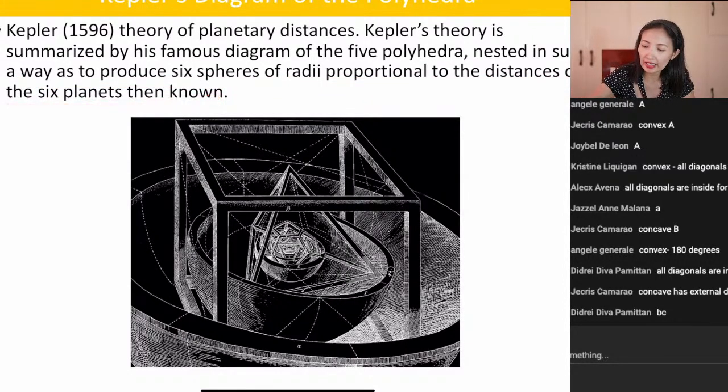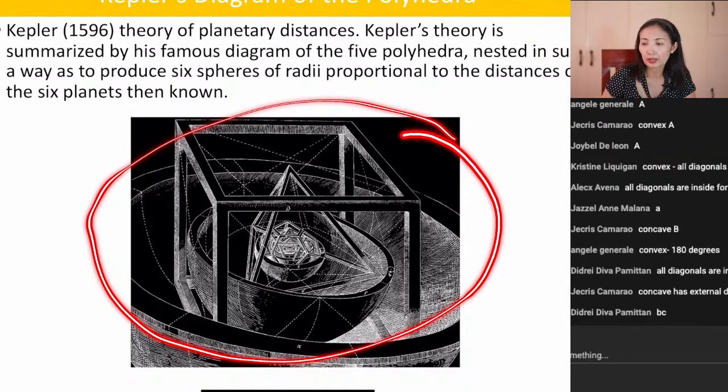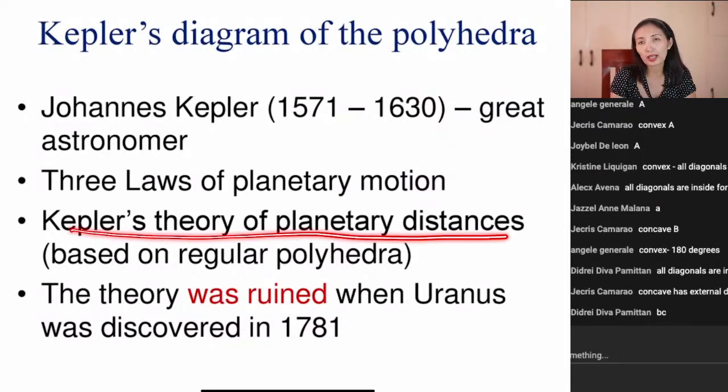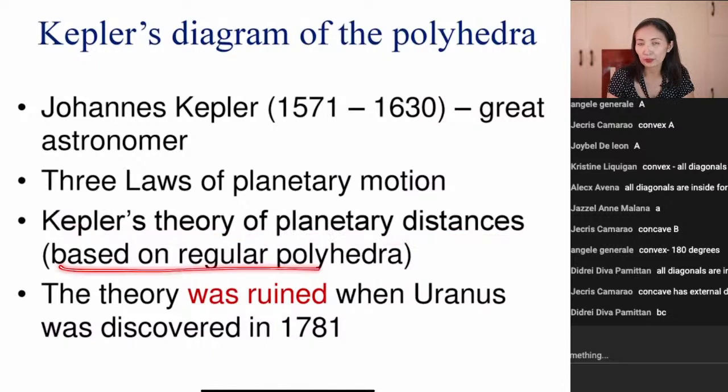So this is the diagram of Kepler. Some of his important contributions are the laws of planetary motion and the theory of planetary distances based on the regular polyhedra. However, the theory was ruined when Uranus was discovered in 1781.